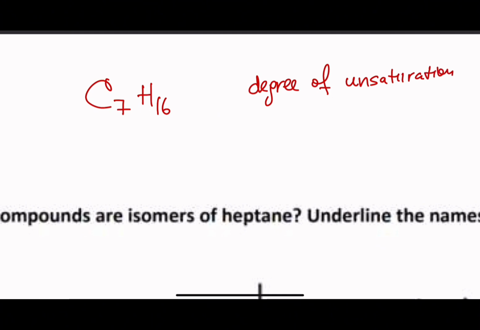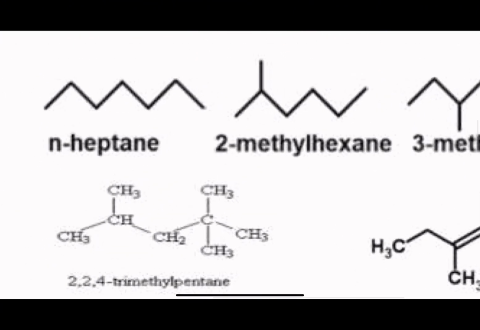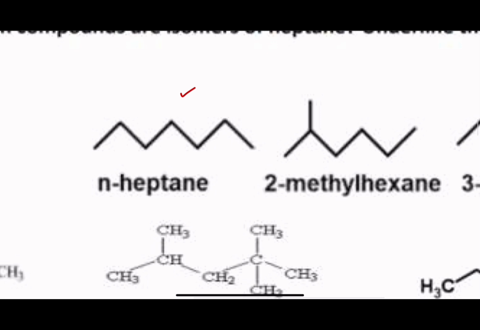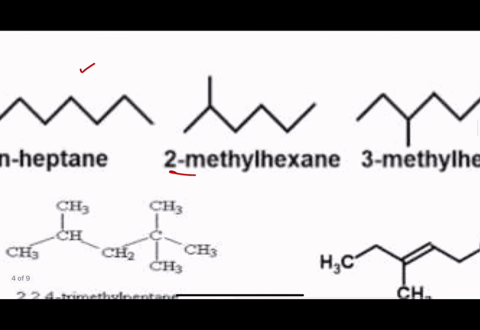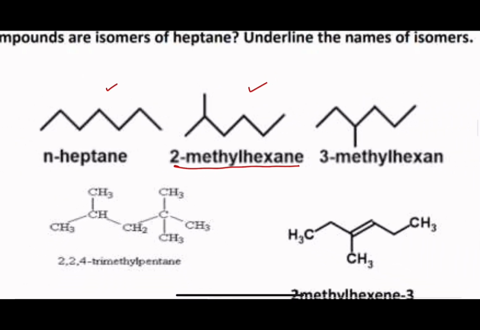Okay, so we can see that this is heptane itself, and this 2-methylhexane is the isomer. It's just a structural isomer of it.